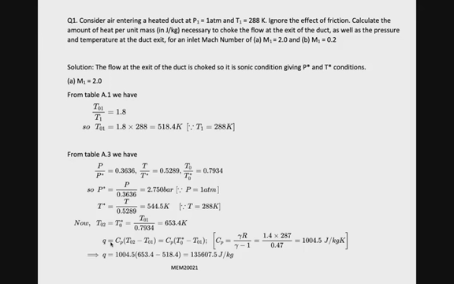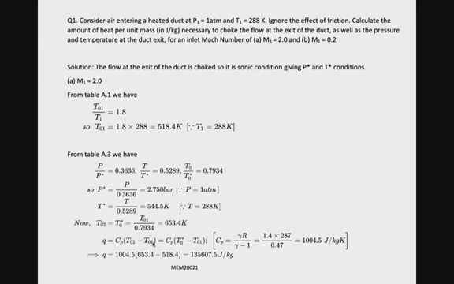Now coming to the main part of the question, which was to calculate the amount of heat per unit mass, that is small q, equal to Cp, the specific heat at constant pressure, times stagnation temperature at point 2 minus stagnation temperature at point 1. This is the formula for a perfect gas.